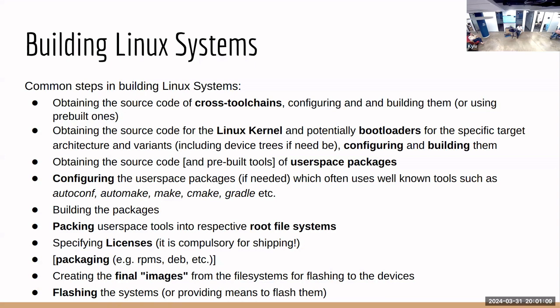Everybody who uses Android or iOS can go somewhere in the settings, look for the licenses, say, oh, good, big file, and just ignore it and never open it again. So we specify the licenses. Then we need to create some images that we can usually flash to the target, and that's it, we're done. So these steps happen always for every system, be it Linux or not.